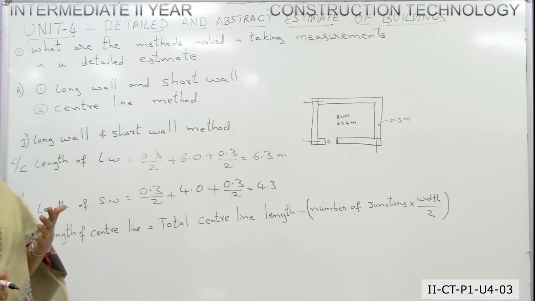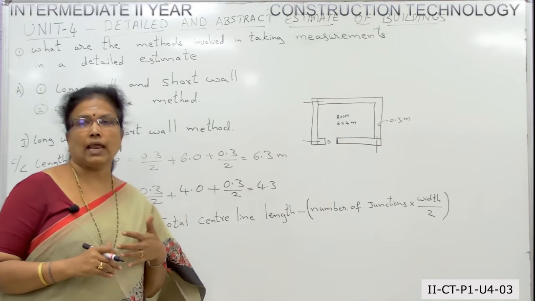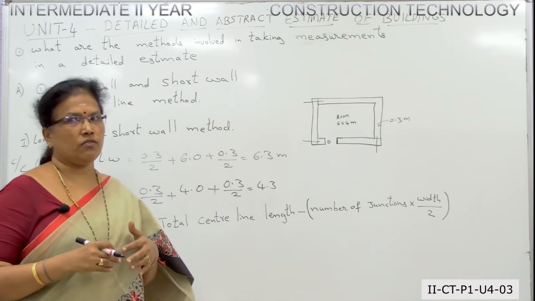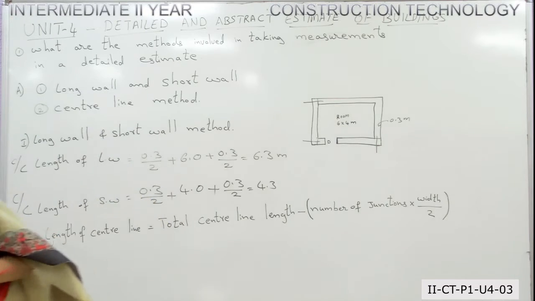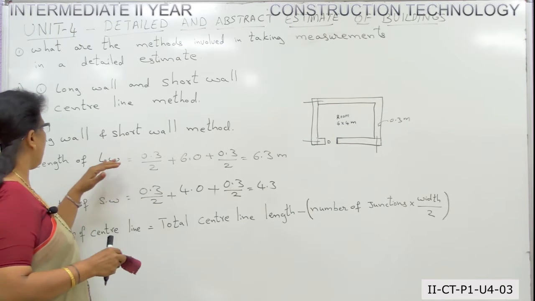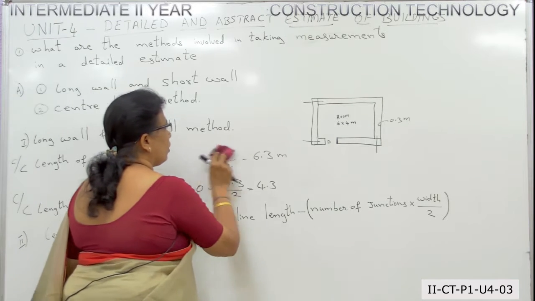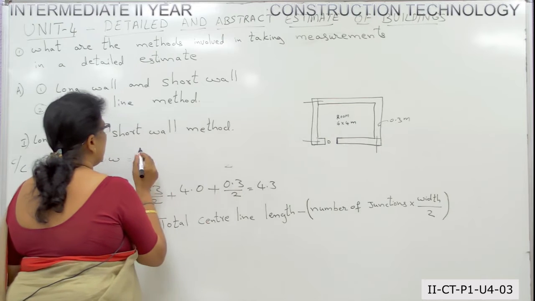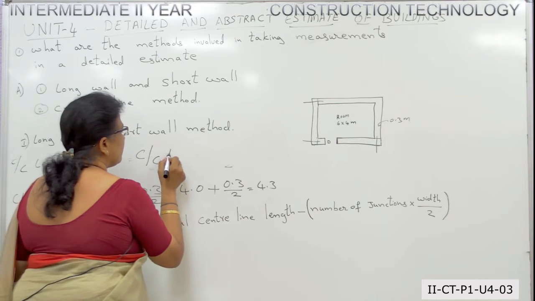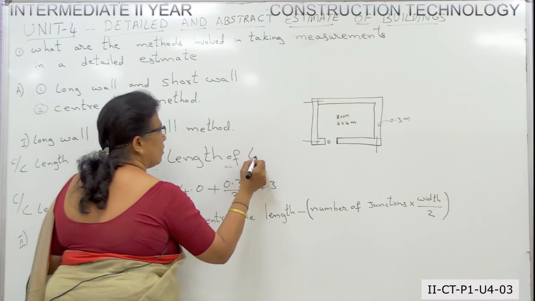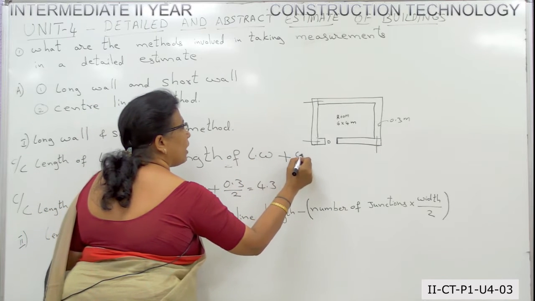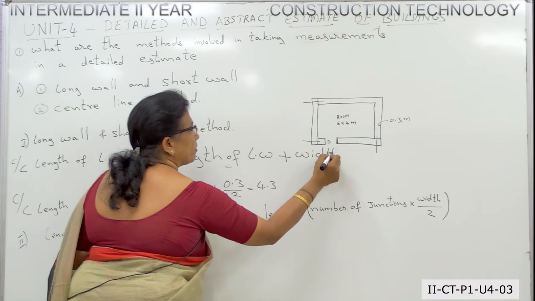And while you are calculating the quantities of various items, what you have to do is take the center to center length of the long wall, plus you have to add one width.